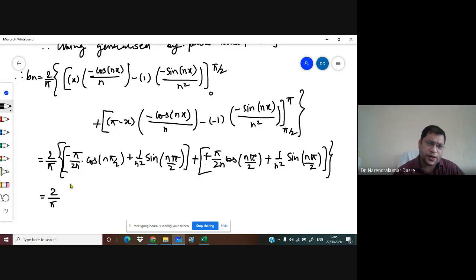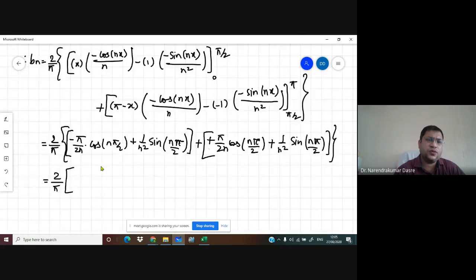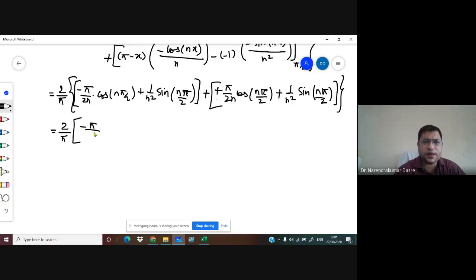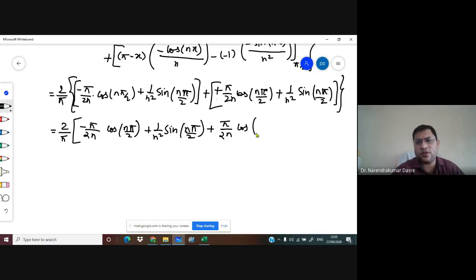So we have 2 by pi, then we get here minus pi by 2n cos of n pi by 2 plus 1 upon n square sine of n pi by 2 plus pi by 2n cos of n pi by 2 plus 1 upon n square sine of n pi by 2.